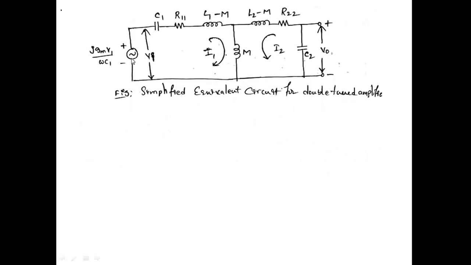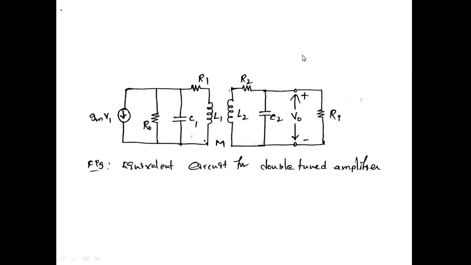Here the voltage source we have is Gm V1 by j omega C, and we have a parallel combination that comes into series, C1 R11, and this is L1 minus M. We have taken the mutual inductance. On this side we get L2 minus M, R22, and this is C2. This is the circuit we have redrawn.